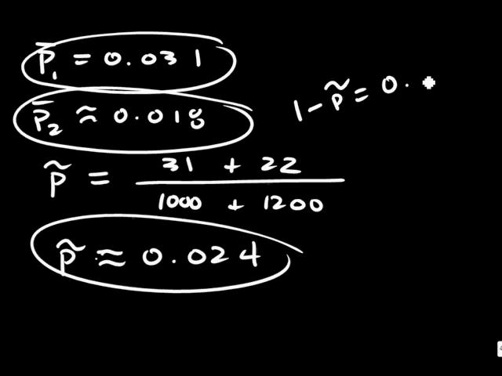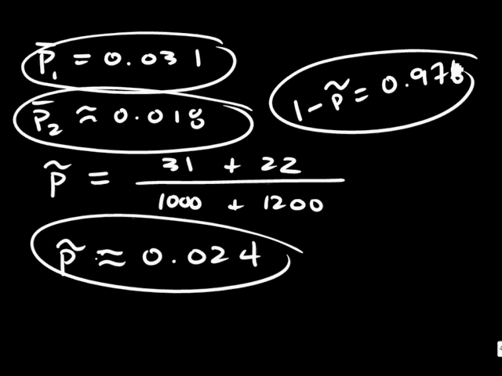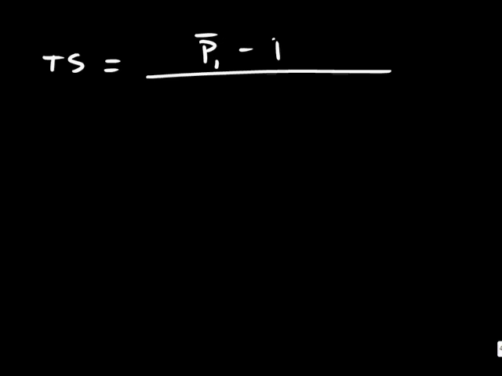Now again, the test statistic is sample proportion 1 minus sample proportion 2, over the square root of pooled proportion times its complement over sample size 1, plus pooled proportion times its complement over sample size 2.